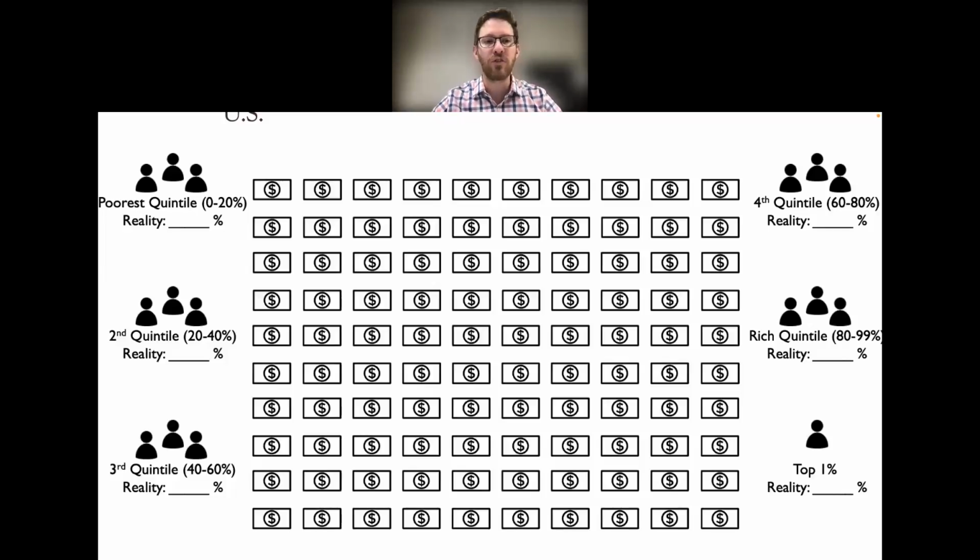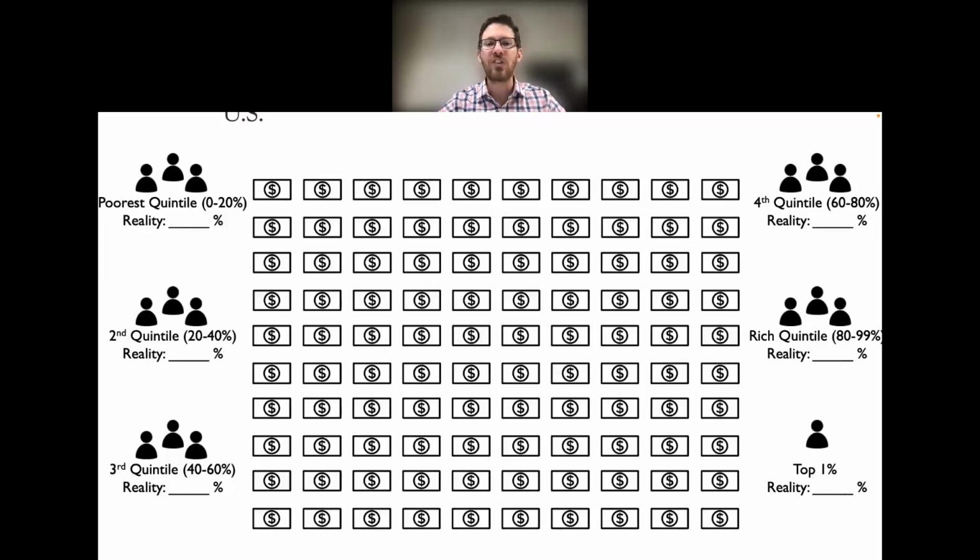We have the poorest fifth, so this is the bottom 20% of the US population, the 20 to 40th percentiles, the middle quintile, which is those who are in the 40 to 60th percent of their wealth, the 60 to 80th percentile, the rich, which are the 80 to 99th percentile, and then the top 1%.